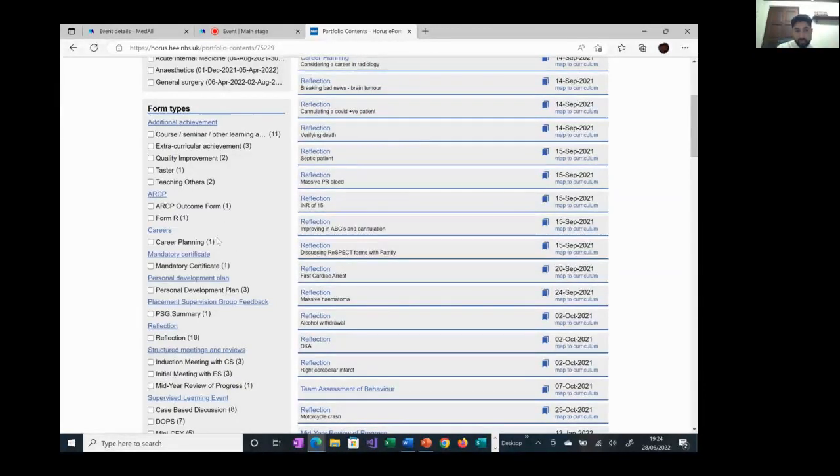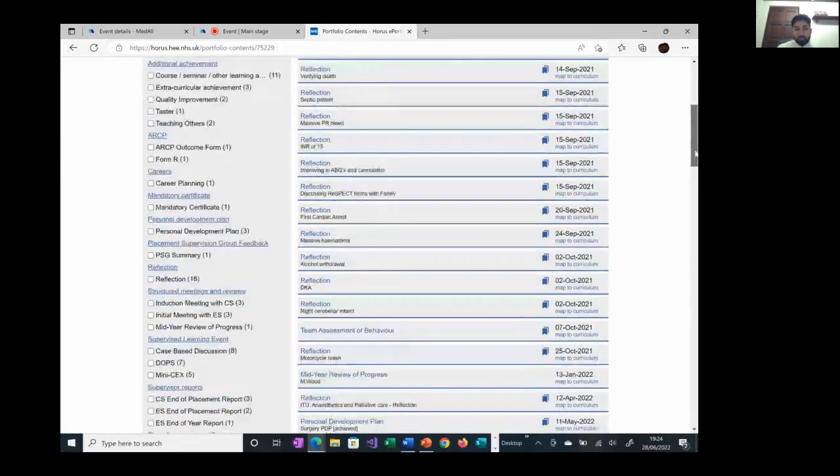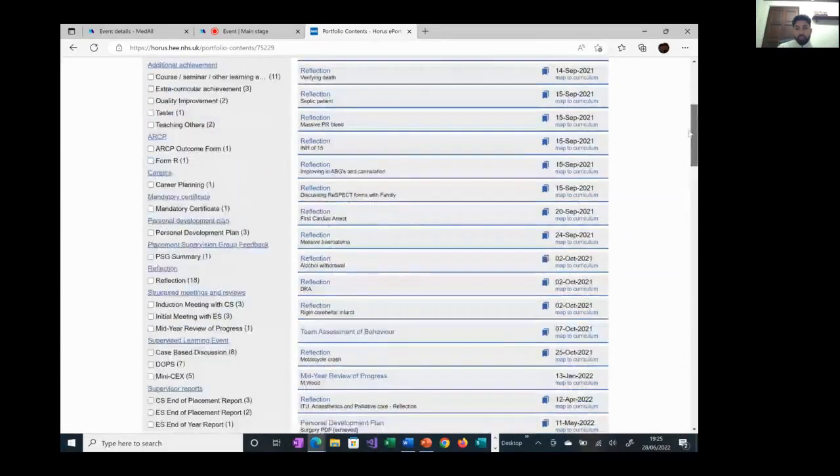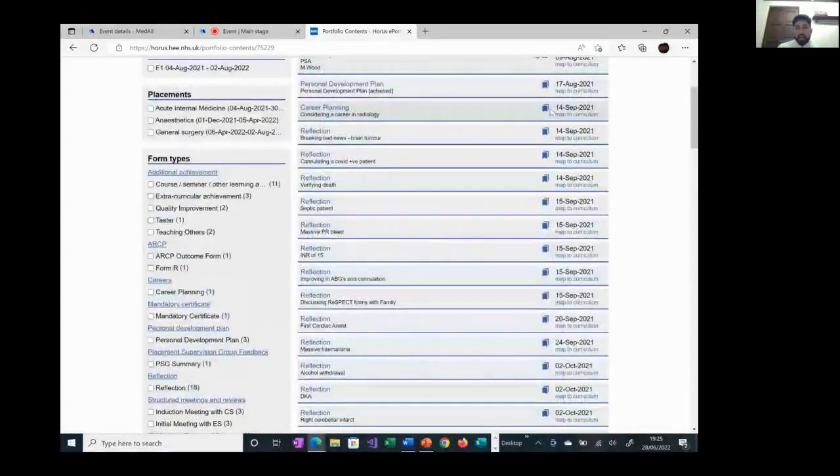There's a career planning section, mandatory certificate, which is my PSA, 3 PDPs, 1 PSG summary, 18 reflections, my list of all my meetings. I told you again, I did 20 CBDs and my end of placement reports, as well as my TAB. And all these blue icons here mean I've been mapping it to some curriculum.